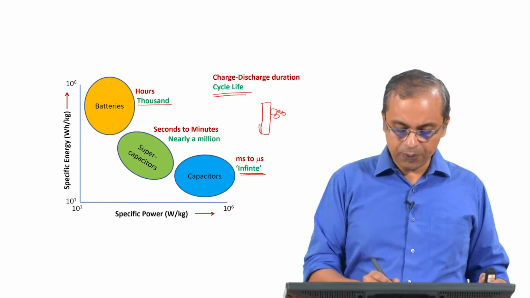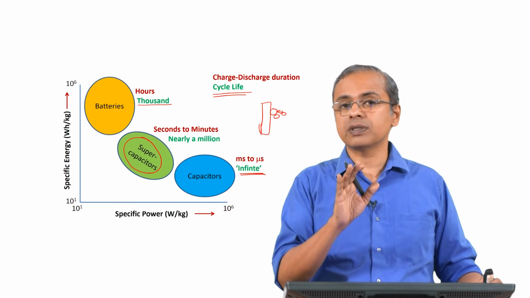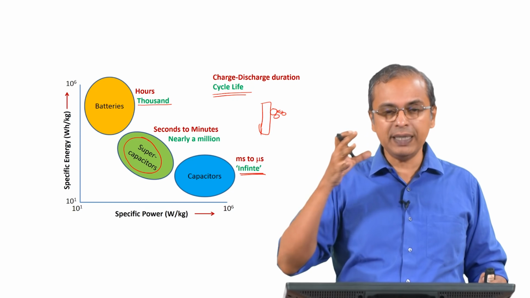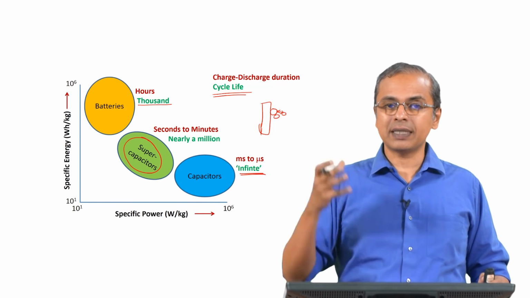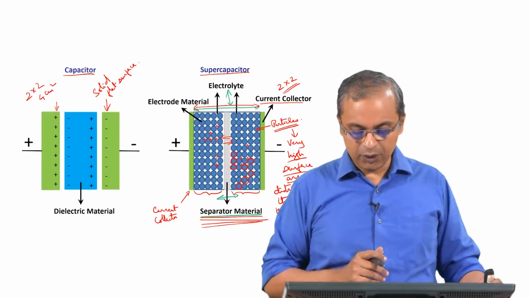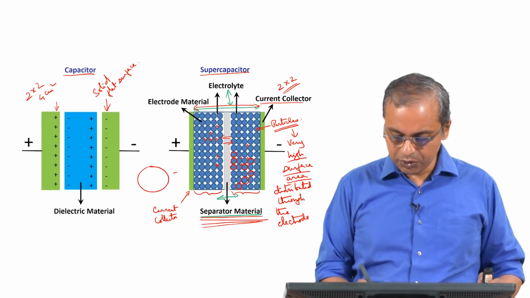On the other hand, supercapacitors are only charging on the surface. There is no chemical reaction happening. No ions are entering the electrode structure. If you go back here and look at these particles, if I take an individual particle here, the ions just come to the surface.